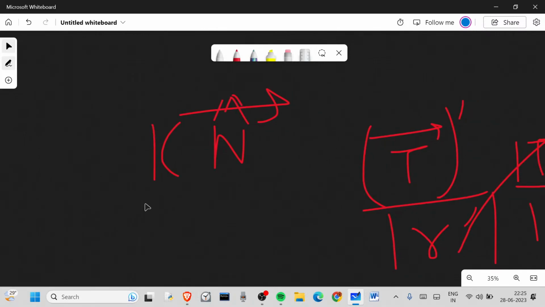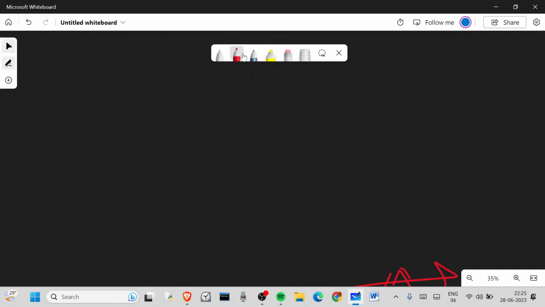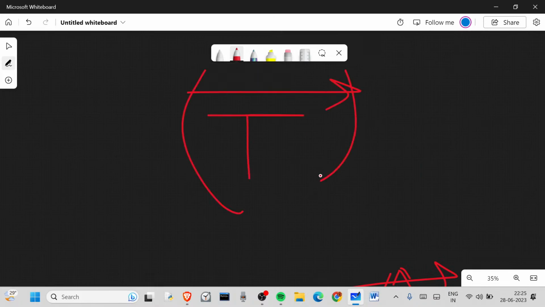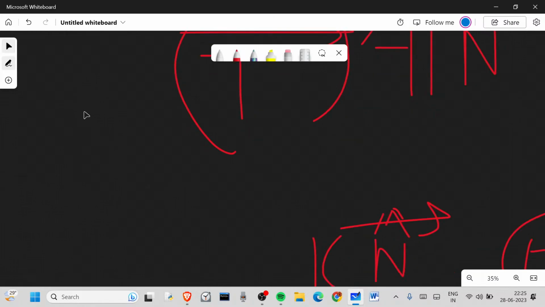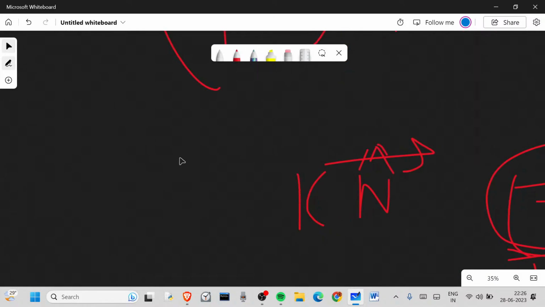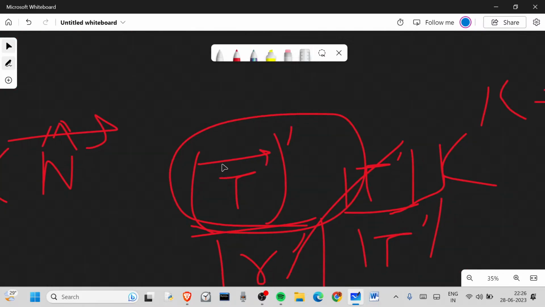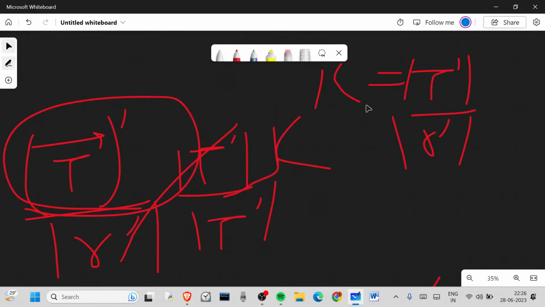What I will try to convince you of is that the T dash vector is parallel to our N vector, because if it is true, then its unit vector is simply N, and we got kappa from T dash by mod r dash.